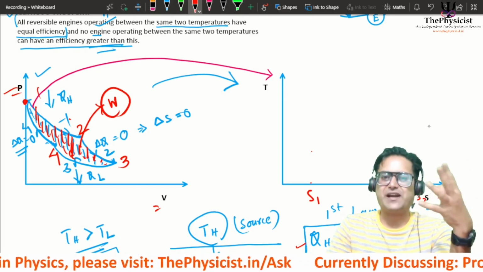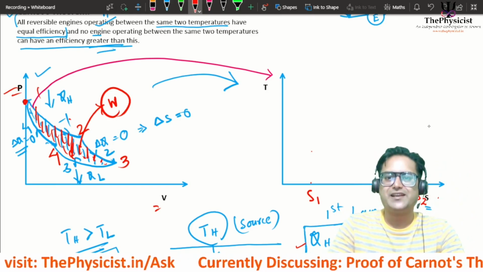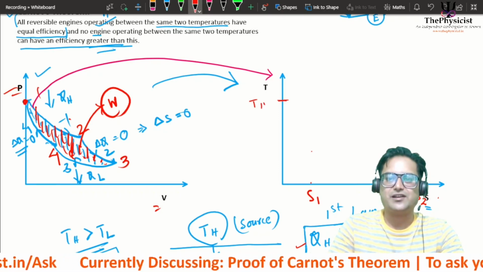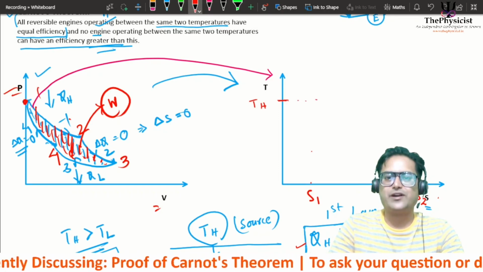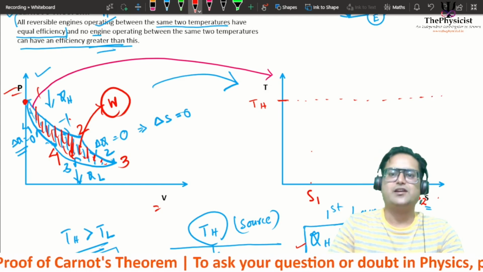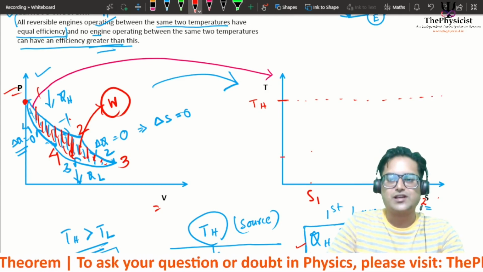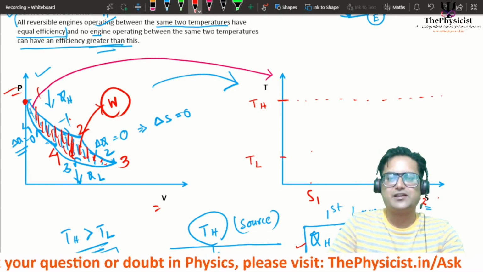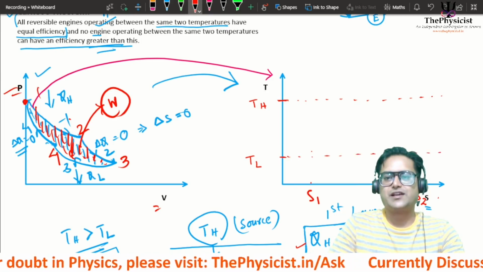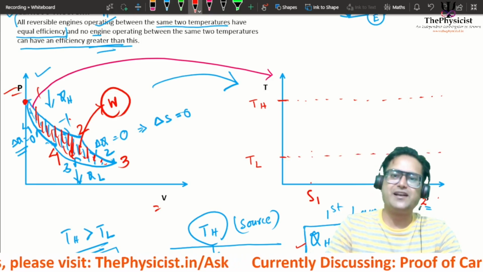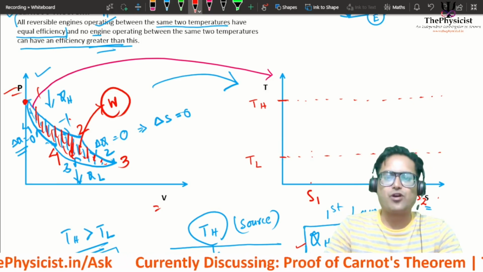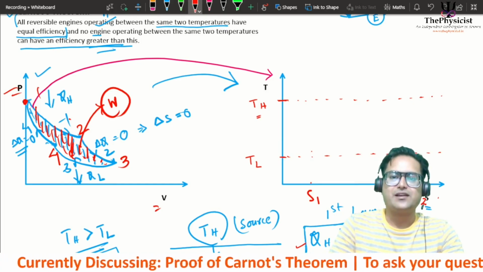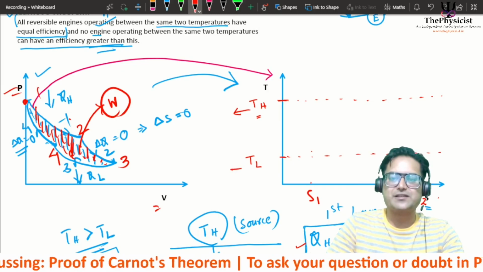The engine's temperature might vary, but what doesn't vary is the temperature of the source and the temperature of the sink. These two are not changing, correct? However, heat is being supplied and heat is being removed.